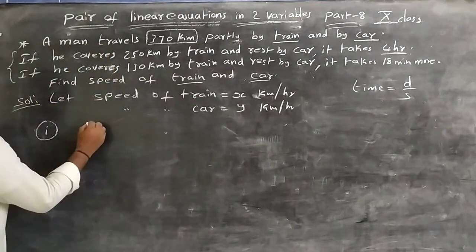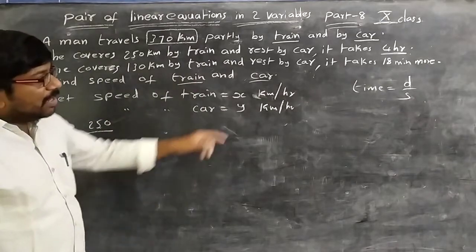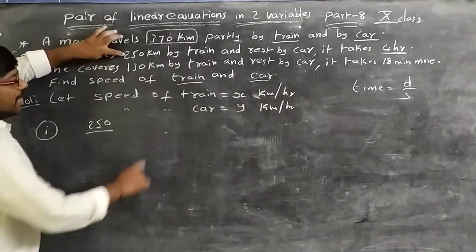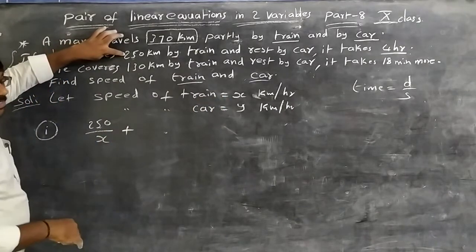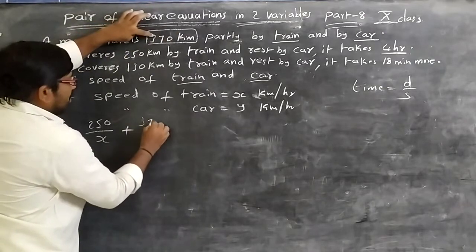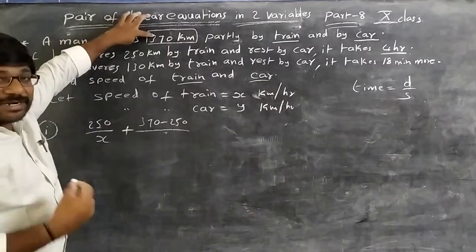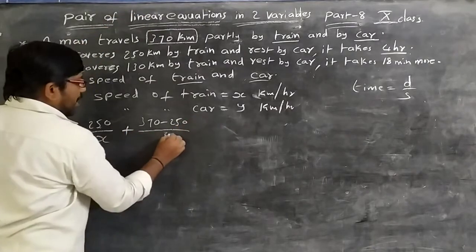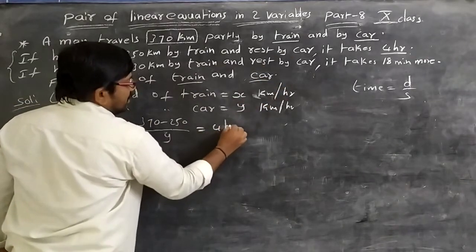Using the time formula, distance by speed: 250 by train speed x, plus the rest, 370 minus 250, that is the rest of the distance traveled by car at speed y. The total time taken is 4 hours.